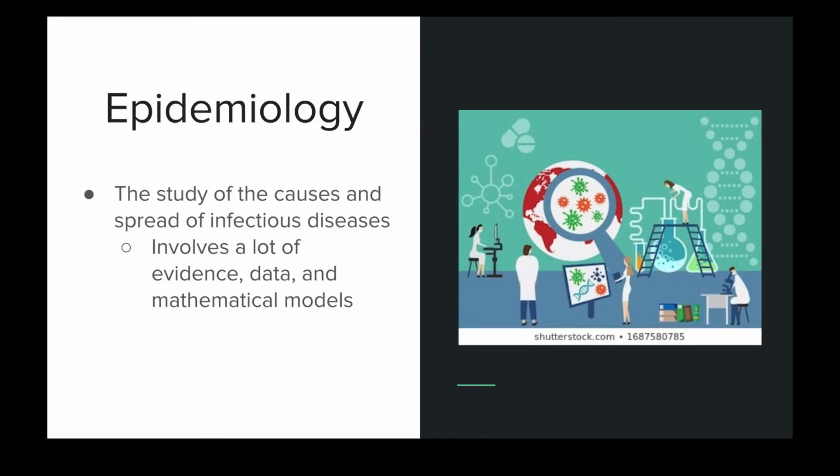And if you definitely want to learn a lot more about this field, you can search it up. I recommend going to the CDC and WHO websites to learn more about this field.